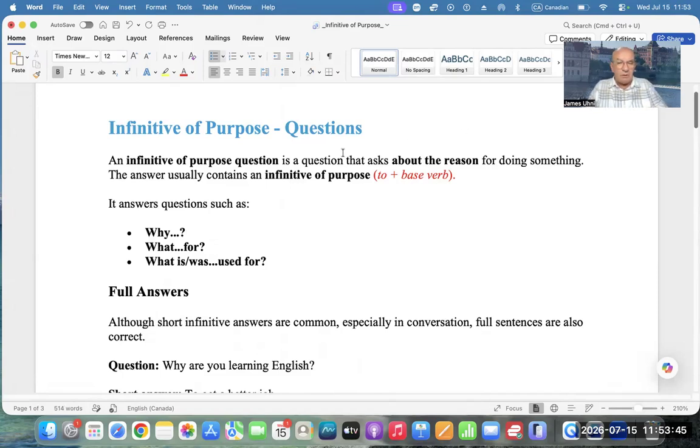An infinitive of purpose question is asking about the reason for doing something.